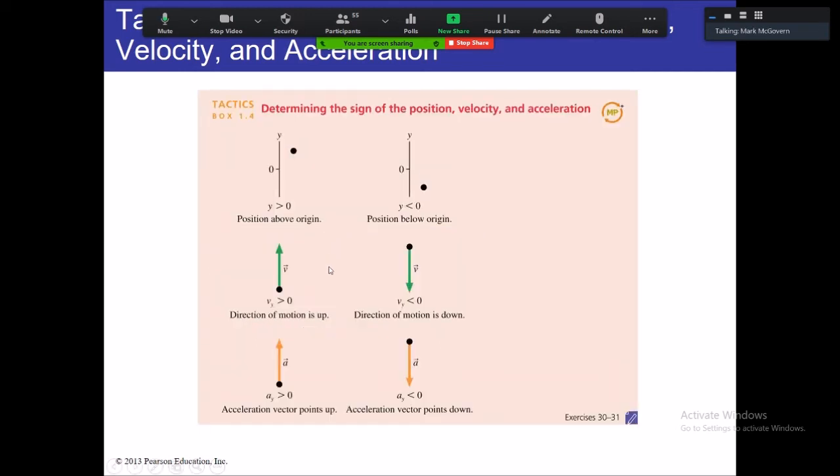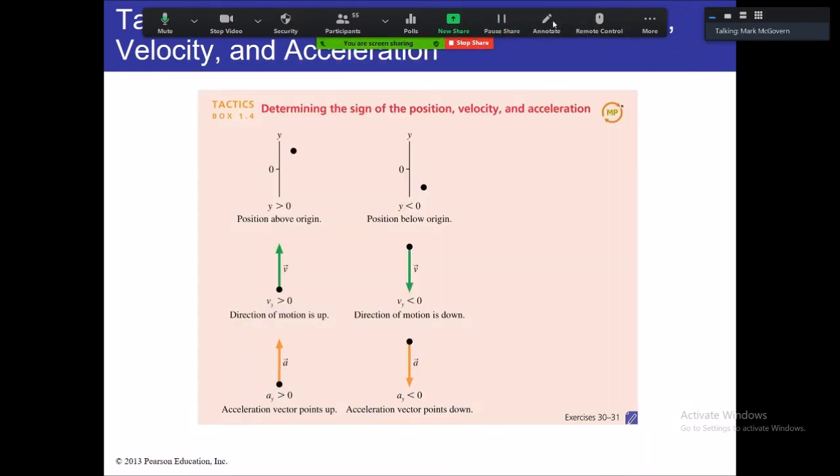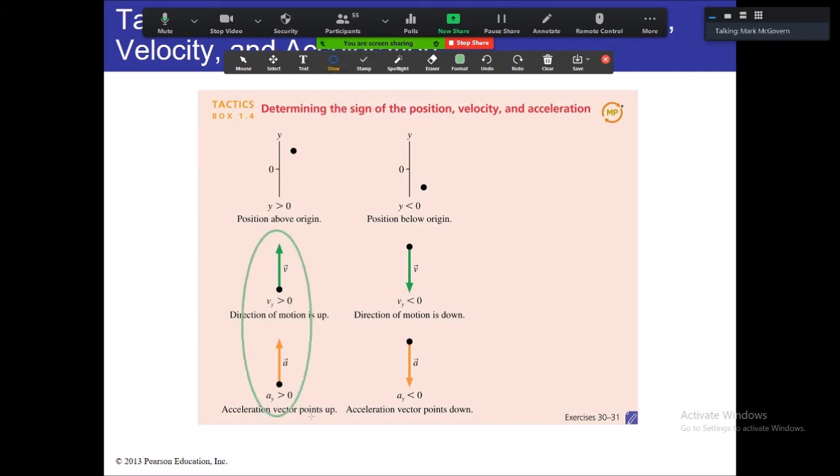So, let's go back here. See these two vectors right here, velocity and acceleration vector? Let me circle them. If this was my acceleration and velocity vector, I would be speeding up, right? What about the other case? What about this one? Speeding up.